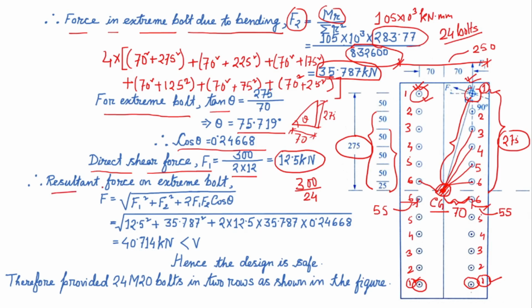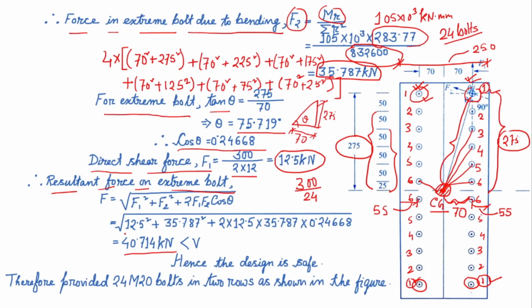So the resultant force on the extreme bolt F equals root over of F1 square plus F2 square plus twice F1 F2 cos theta. So if you put the values of F1, F2 and cos theta, we will get 40.714 kilonewton. So this is the resultant force on the extreme bolt due to the external force acting on the connection, which is 300 kilonewton.